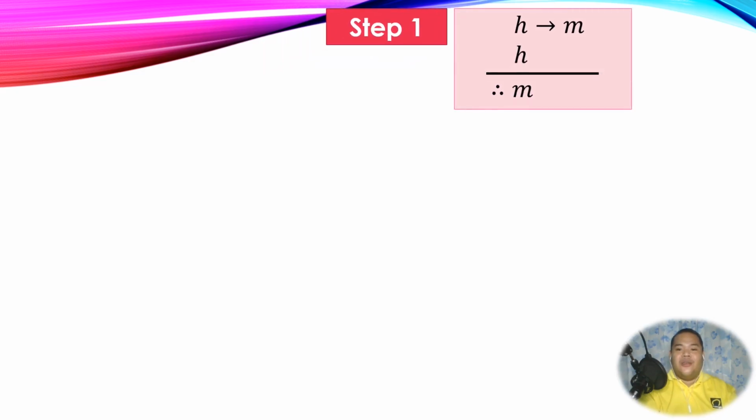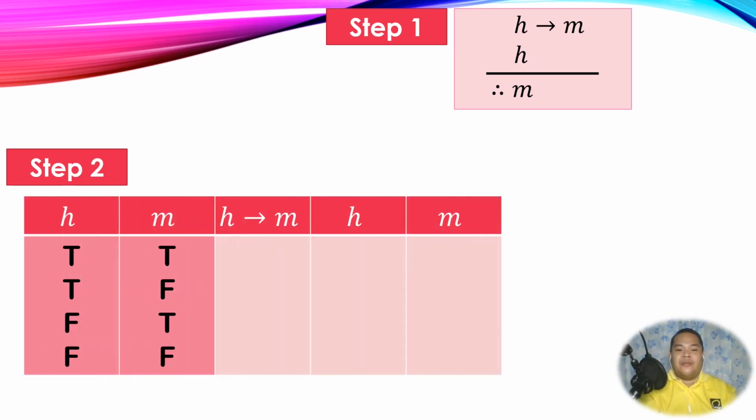We continue with step 2, constructing the truth table. H implies M. Remember the implication? You must start with true and end with false to make it false. Therefore, true implies true is true.